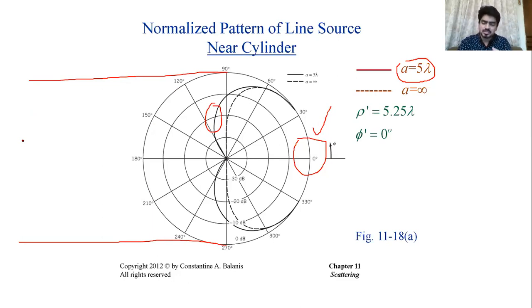As a result, you will see almost no total field on the backside here, and that's why it creates a shadow.